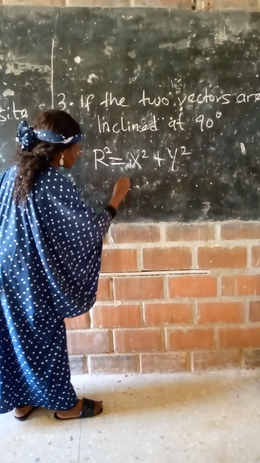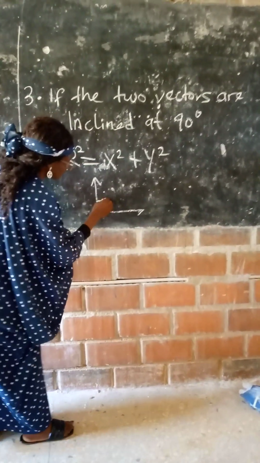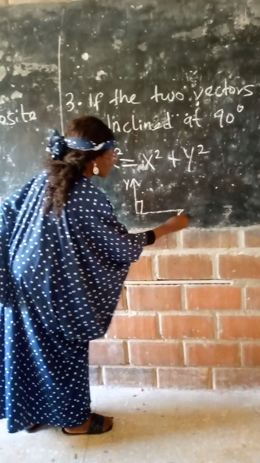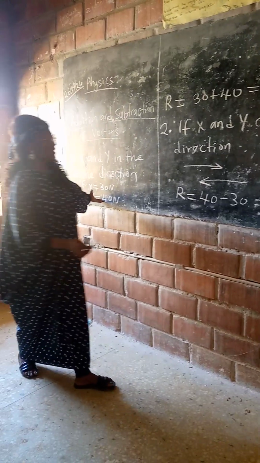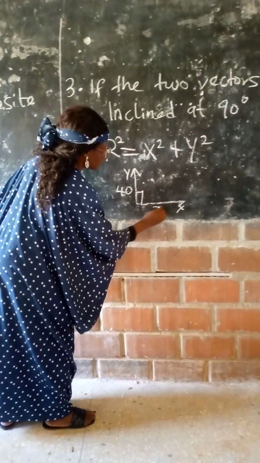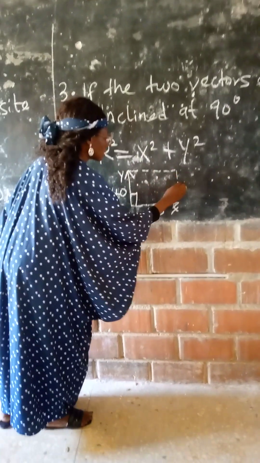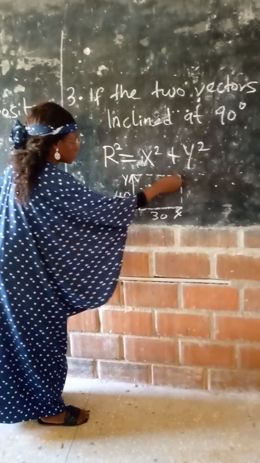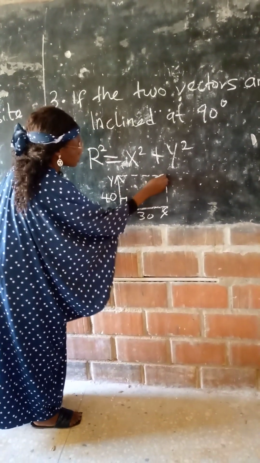So let's say for instance, these are 2 vectors inclined at 90 degrees. If this is y and this is x, and using our same case study, y is 40 and x is 30. We complete this, and this is what you have. Here is our resultant.